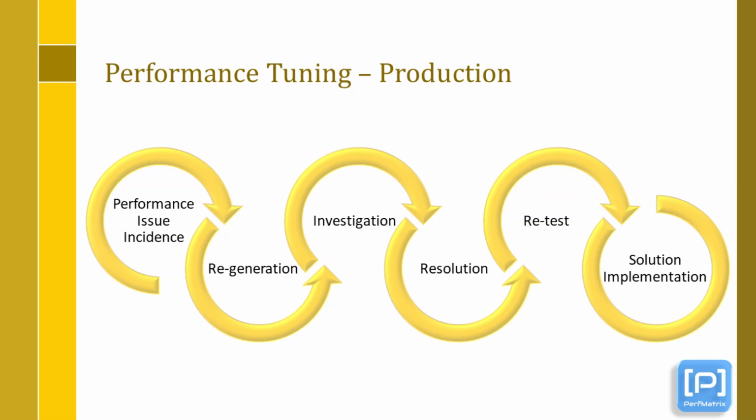Similarly, this is a pictorial representation of the performance tuning process in the production environment, where you get the performance incident from the support team and then try to regenerate the same issue in the test environment, then perform the investigation, get the solution, and then retest it to fix the issue and recommend the solution for the production.